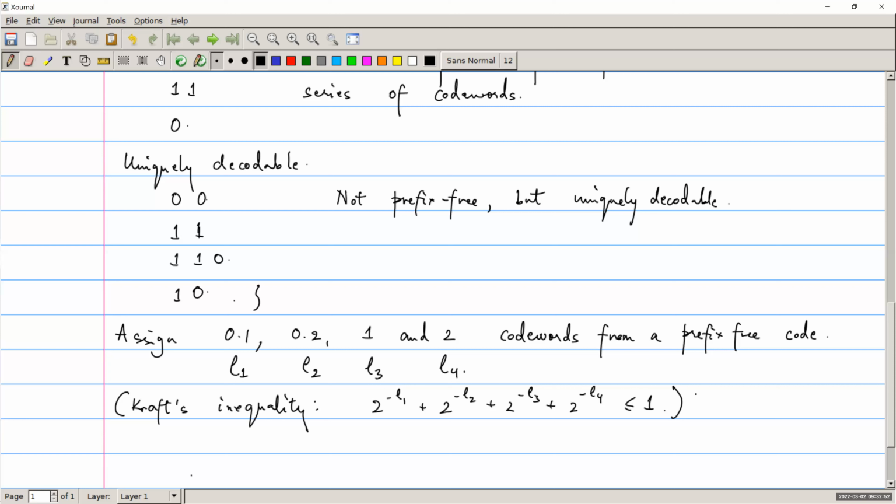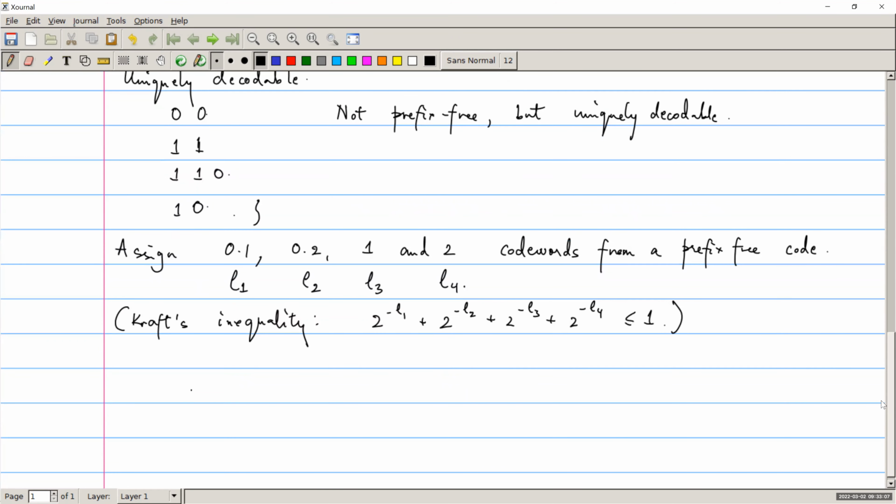So the idea is, in order to encode X, you assign these codewords. Now, how good is this assignment? The metric to measure how good the assignment is, is to look at the expected code length.